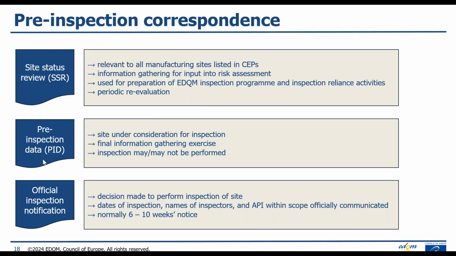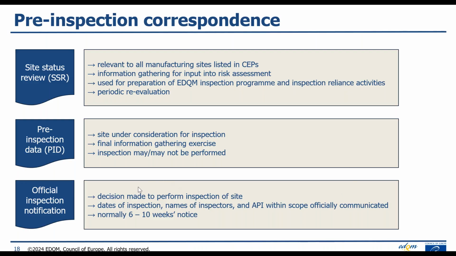Then we have a pre-inspection data request. Typically this request would come from the inspection team, where the site is under consideration for inspection. It's essentially a final information gathering exercise, where we make sure that the information is still relevant and that we're fine-tuning our decision on whether to inspect the site or not.